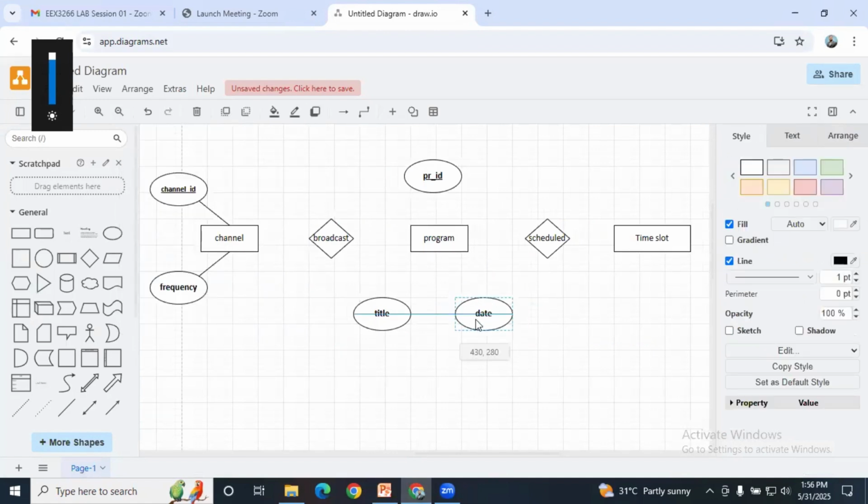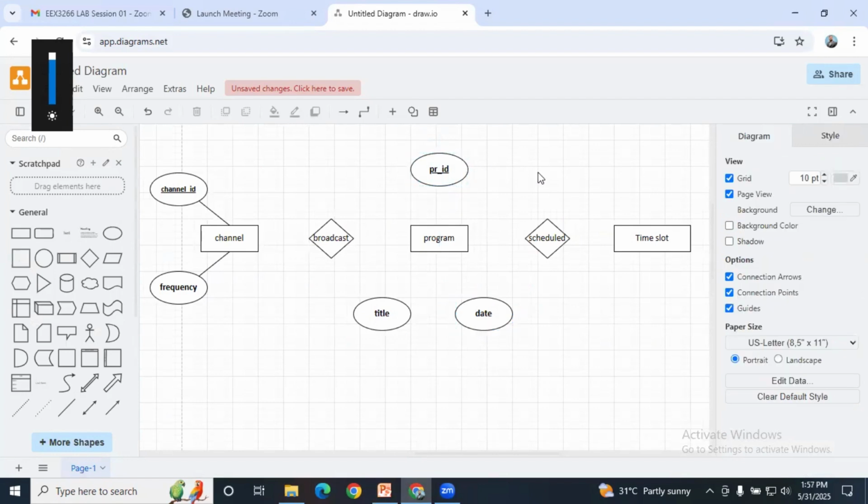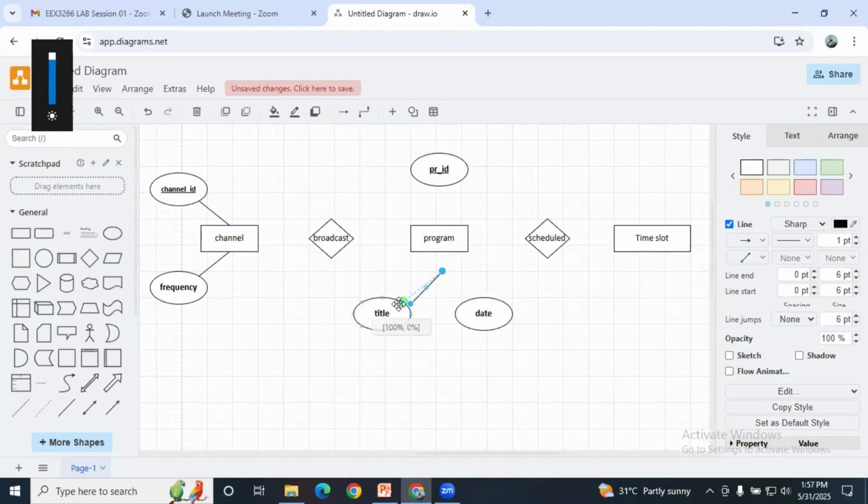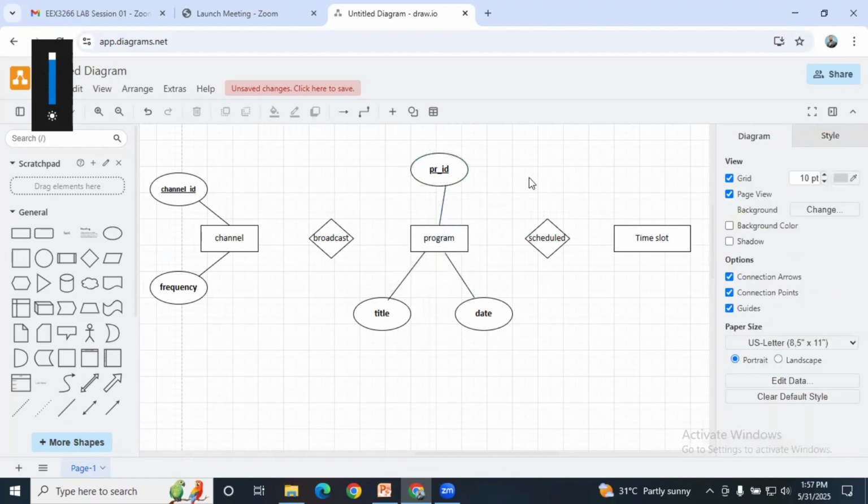We identified what attributes go for the program entity. And next thing is you want to assign those attributes to the program entity. So you can get the solid single line, and you can assign those to the program. The date you can assign for the program entity, and PRID you can assign for the program entity.